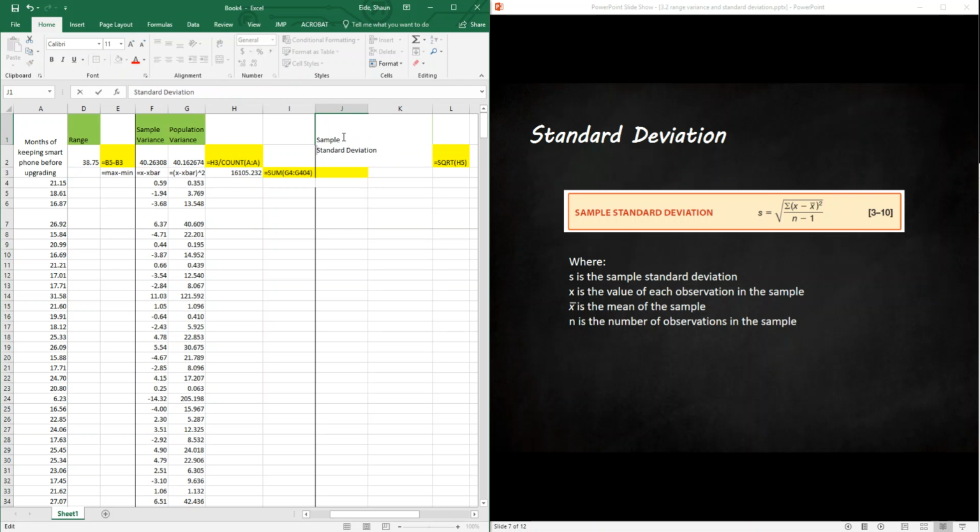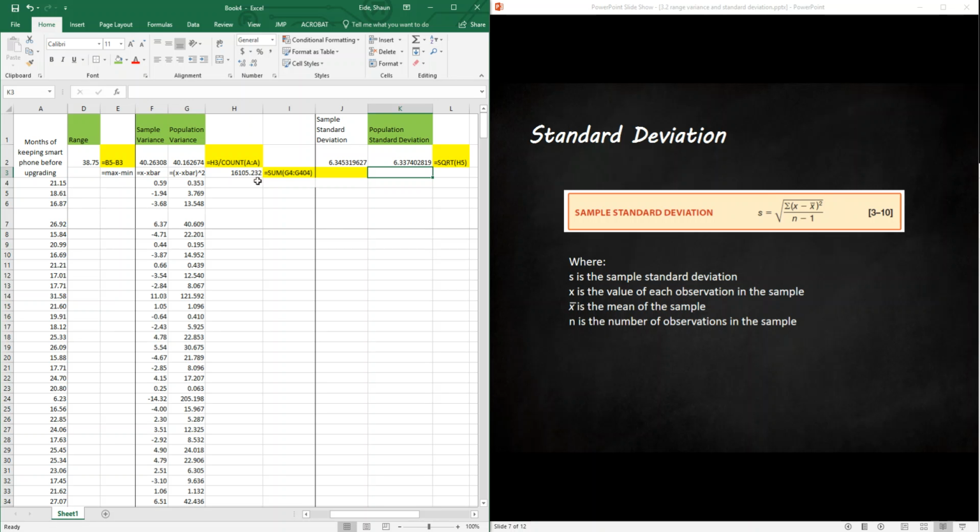Okay. So it equals the square root of the sample variance, and then this equals the square root of the population variance. Okay, and you'll notice that the sample standard deviation is actually greater than the population standard deviation, which just helps us to be a little bit more conservative in our interpretation.